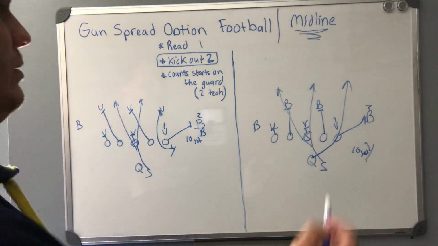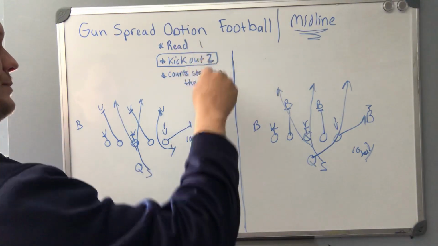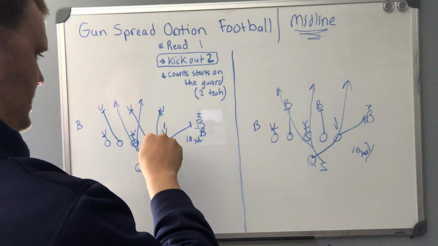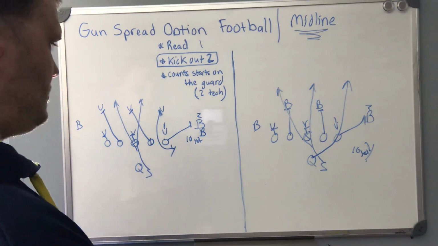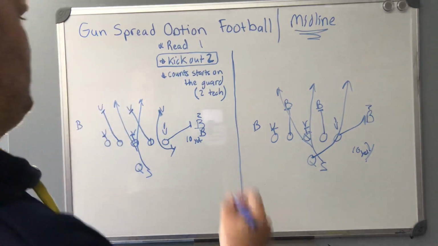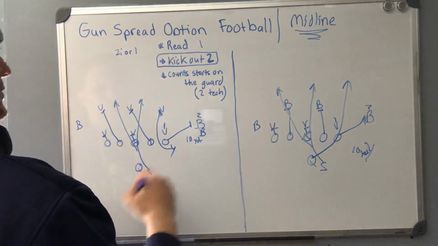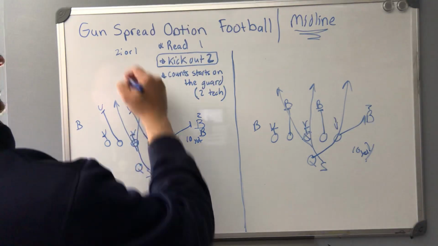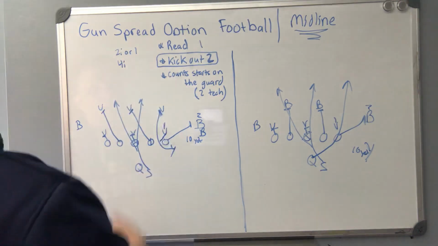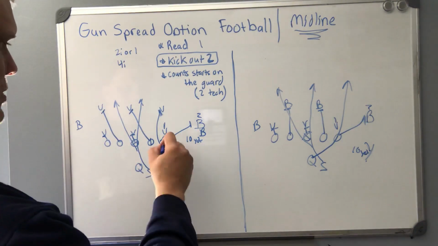So again, midline as a concept, we are always reading the number 1, which is right here. Starts with number 1 for the count. The only time you do not run midline is if you have a 2-eye or a 1 technique, or if this guy thinks that he's going to come down and smoke that, lines up in a 4-eye, then we are automatically going to wash him down.